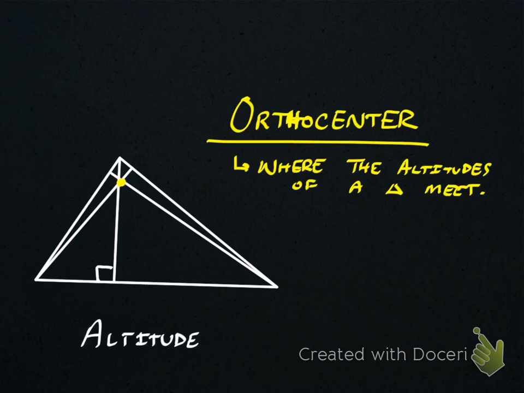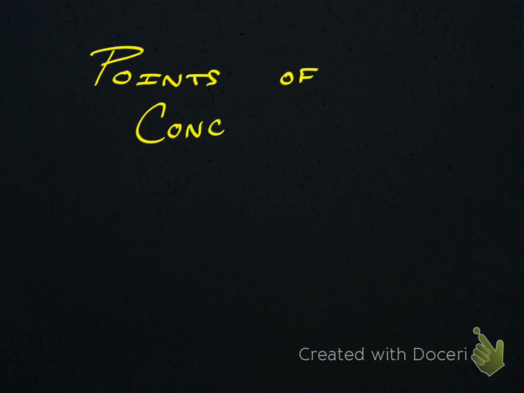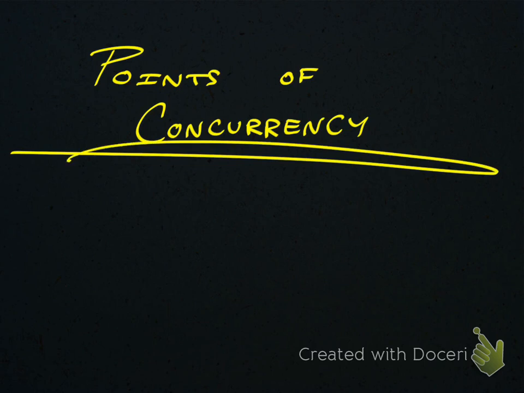All right, so those are our 4 special properties today. We have a name for those. They are called points of concurrency. If you think about concurrent, kind of meaning where things meet up, makes sense.